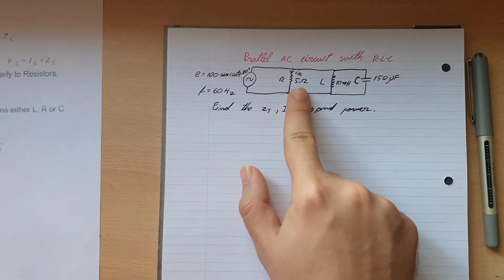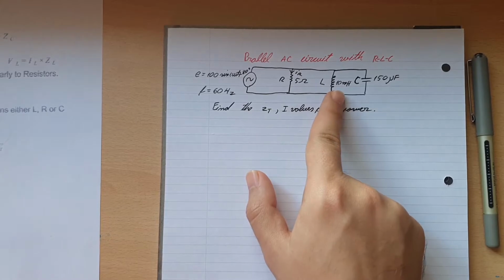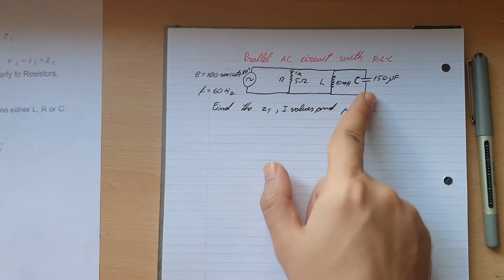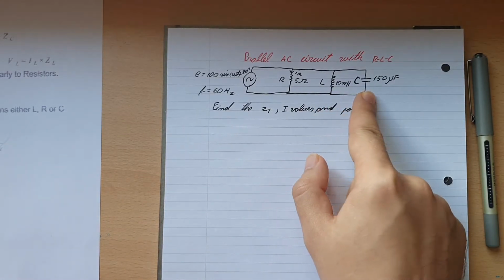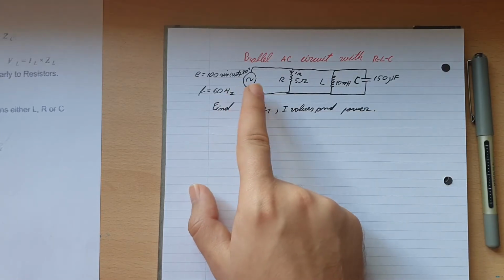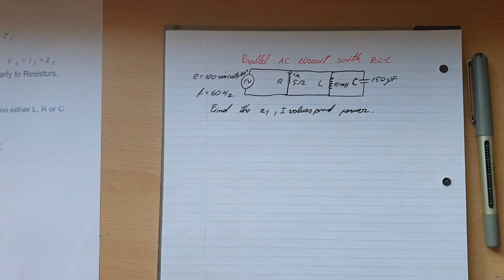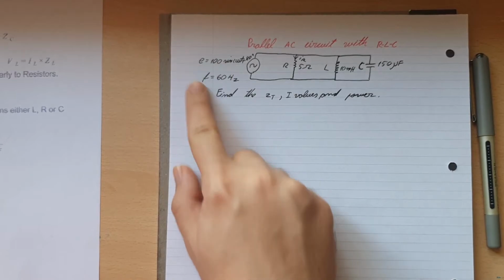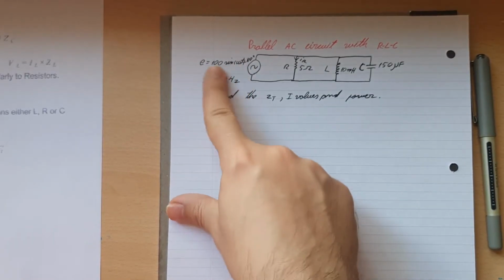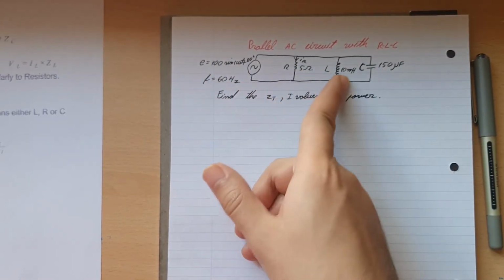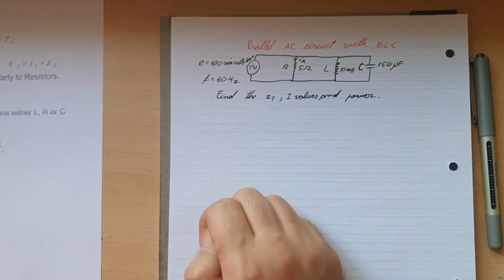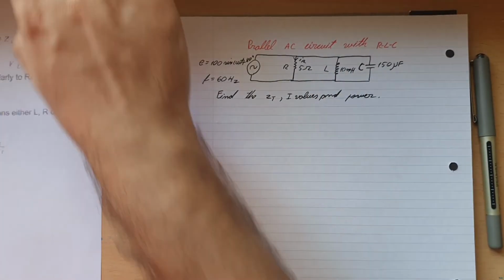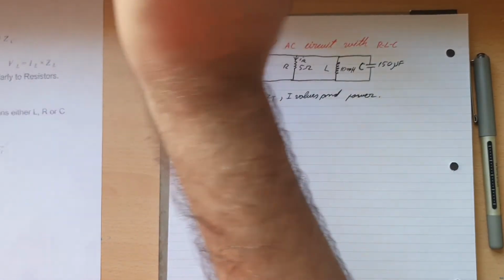Because as you see, we're using 5 ohms for the resistor, 10 millihenries for the inductor, and 150 microfarads for the capacitor. And the reason I use these low numbers is to make it a bit more complicated and also to get the chance to use a frequency of 60 Hertz. If I were to calculate the current for each one of these sections, it would be a lot longer solution.